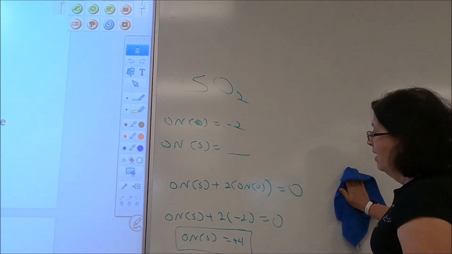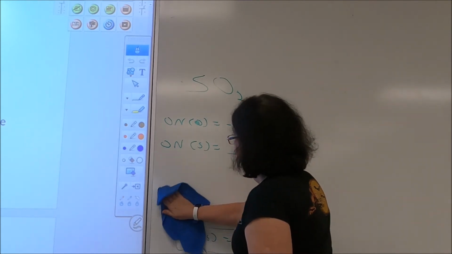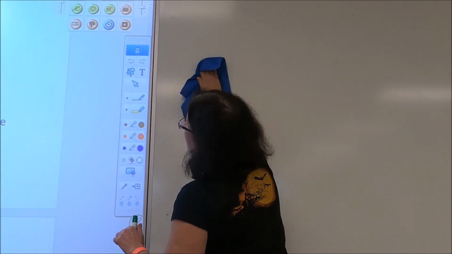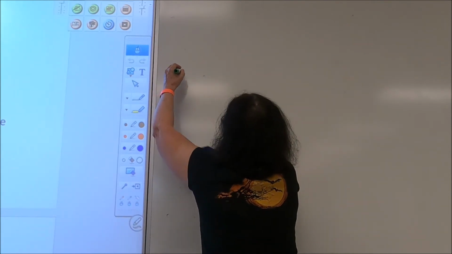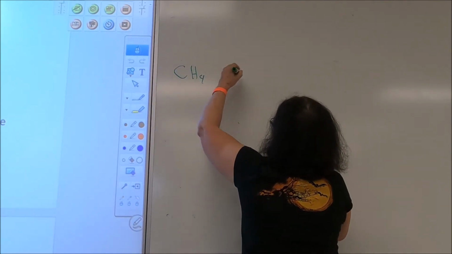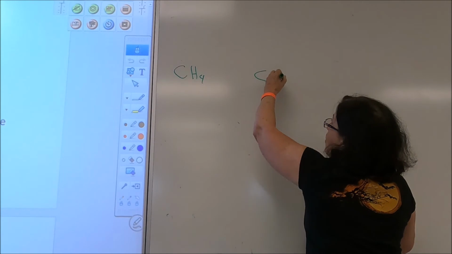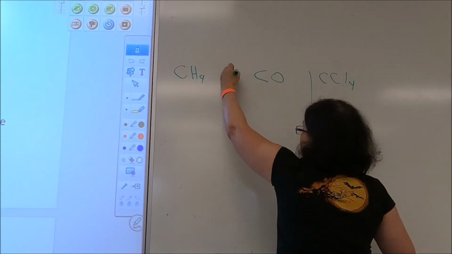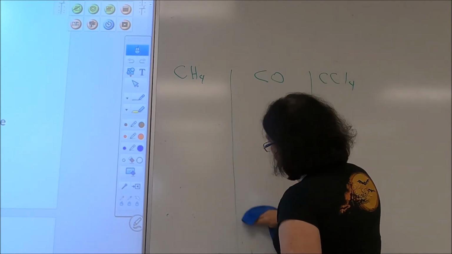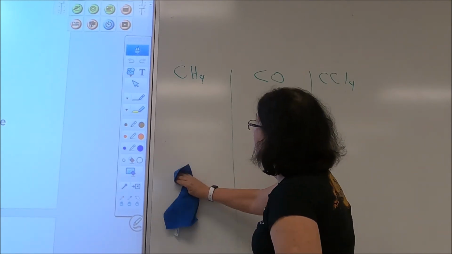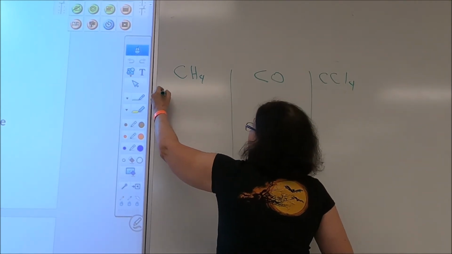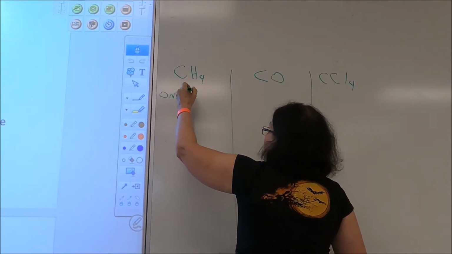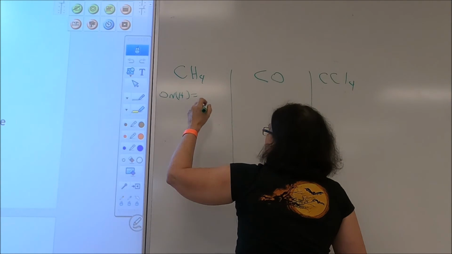All right, let's try another one. Okay, I'm going to use carbon. We're going to look at CH4, CO, and CCl4. Okay, 3 situations, 3 compounds where we have carbon. Now, the oxidation number for hydrogen is covered by the specific rules.